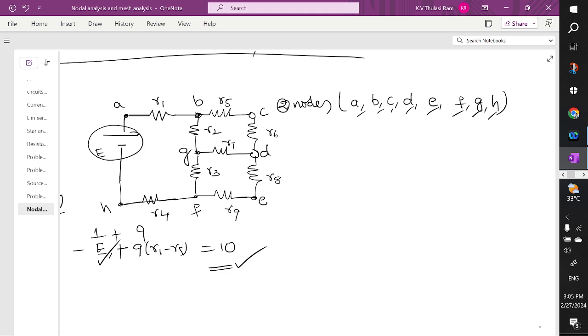Totally we are going to have 8 nodes in the given network.